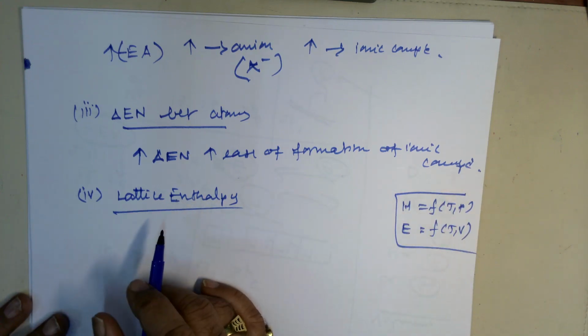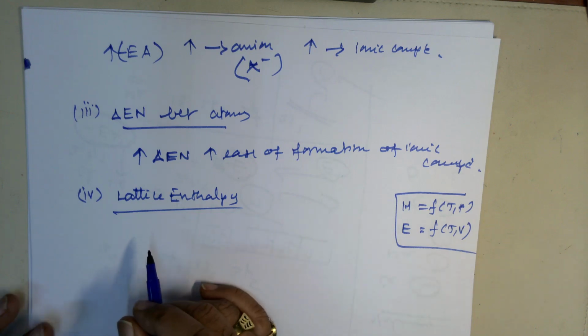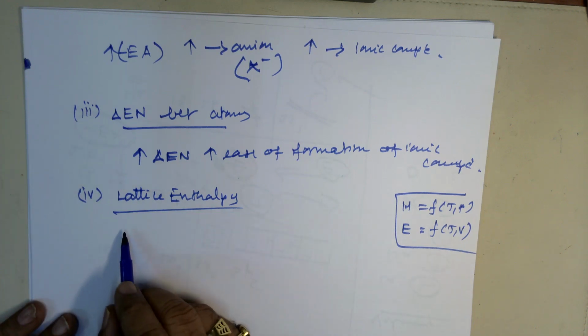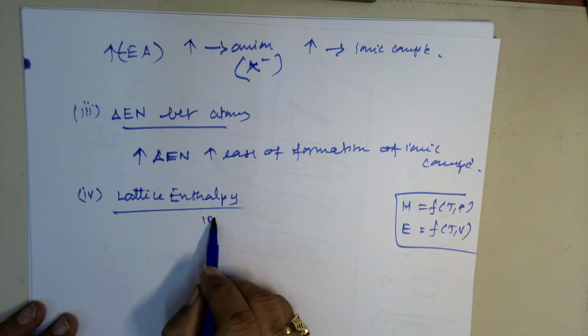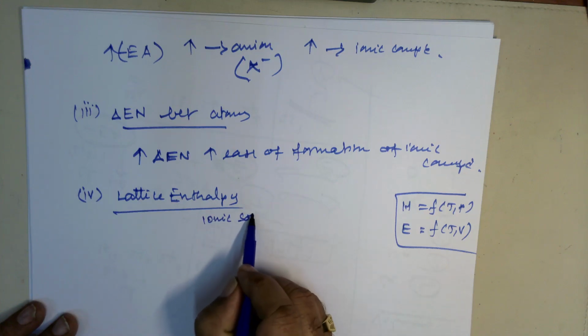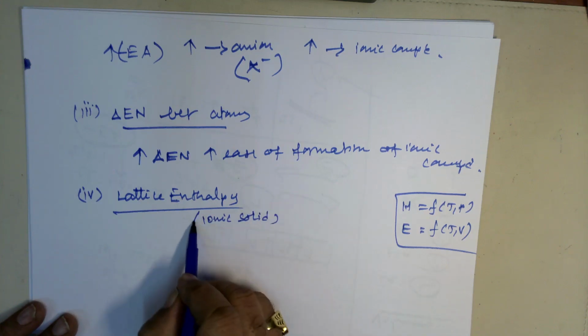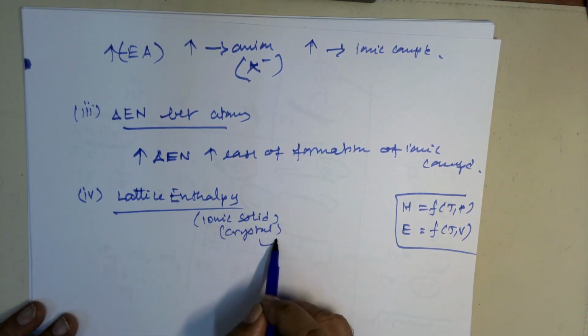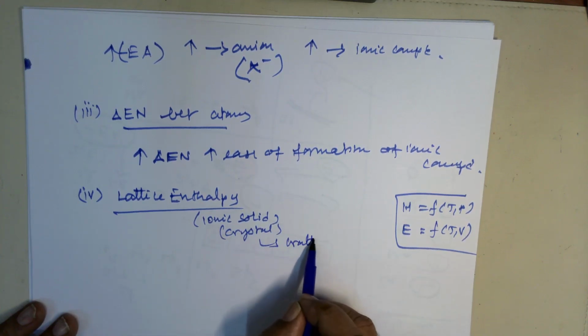So the lattice enthalpy is concerned with the ionic solid or the crystal. When you say crystal, definitely the term crystal lattice arises, the regular pattern.